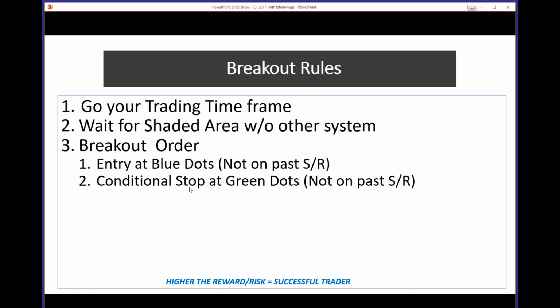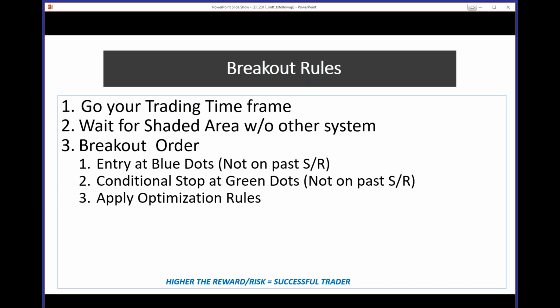Next, your conditional stop order for that entry will be at the green dots. Again, make sure that your conditional stop is not sitting on existing support resistances. If it is, move it off it. Then you apply your optimization rules. If you don't have any optimization rules, that's fine. Then you're going to trade the probabilities with dots and crosses and everything in our setup zones.